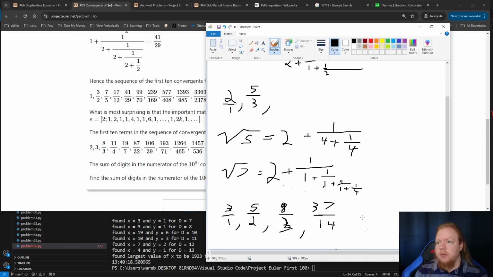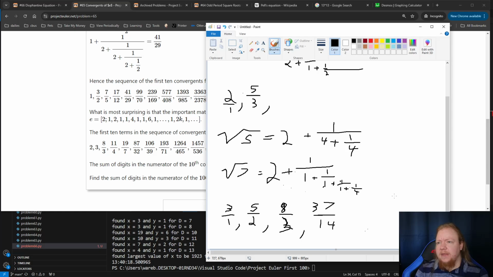So it's when we get these numbers that are not 1s or 2s that the pattern becomes confusing. Oh, maybe this is the pattern though. So 37 is 8 times 4 plus 5. And 14 is 3 times 4 plus 2.